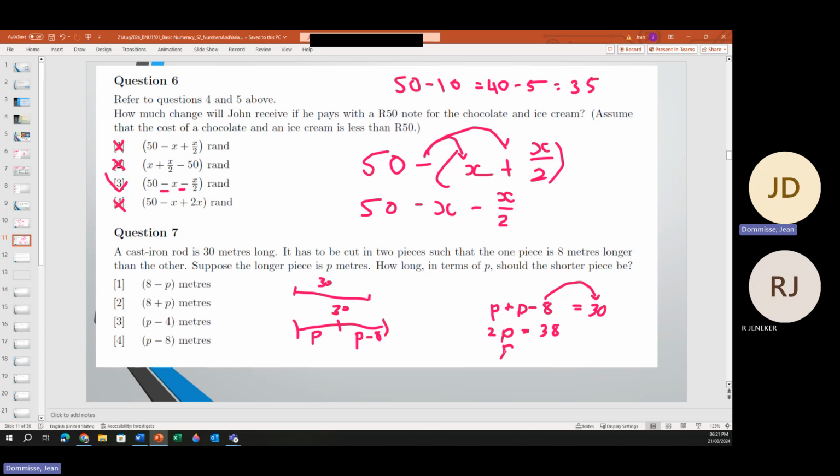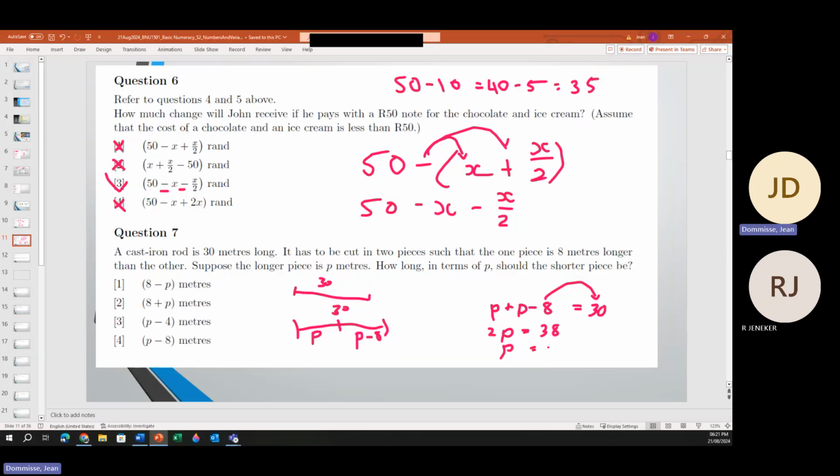So p will be equal to 19. So let's just check if that makes sense. If p is 19, 19 minus 8 is 11. 19 plus 11 is 30. So that makes sense. And then the one piece is 8 meters longer than the other piece.